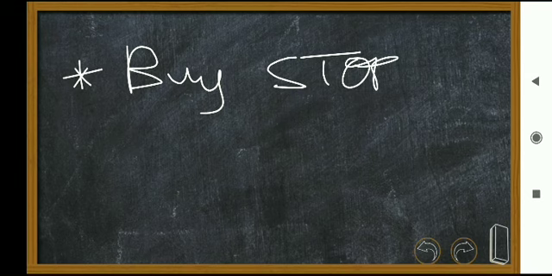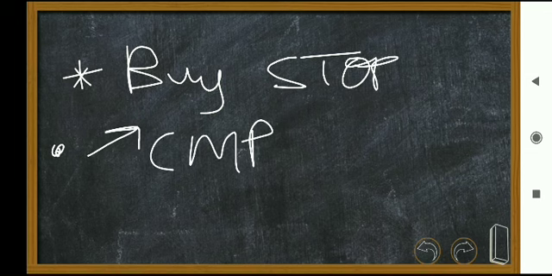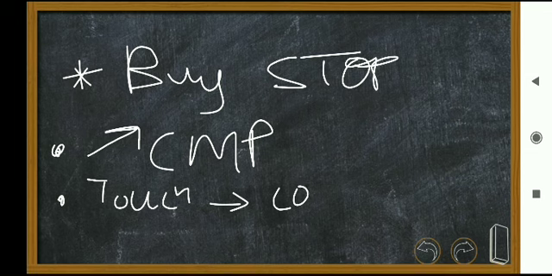We say that the buy stop is set above the current market price, CMP, and its requirement is that price has to touch and continue in that direction.